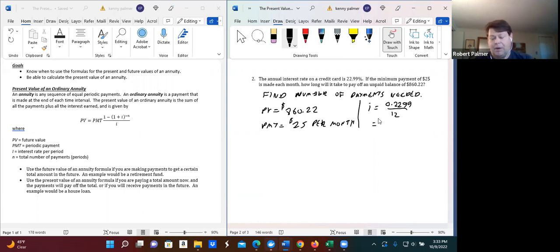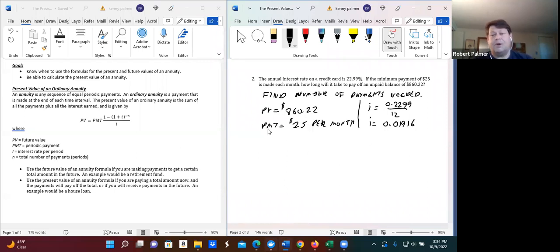This we probably will round off because I recall this is a longer decimal. So 0.2299 divided by 12, and right, that's a really long decimal. So I'm just going to round to 5 places: 0.01916. So that's our I. Okay.